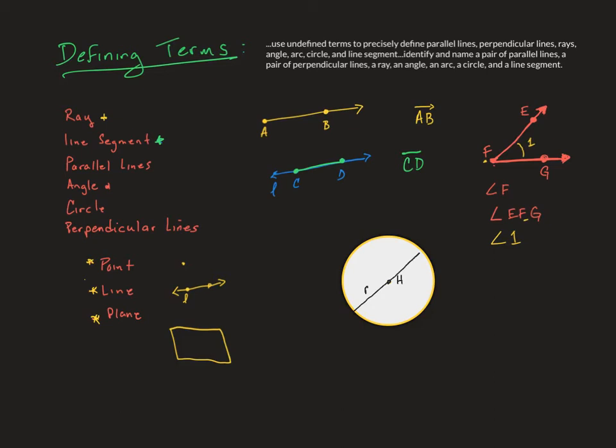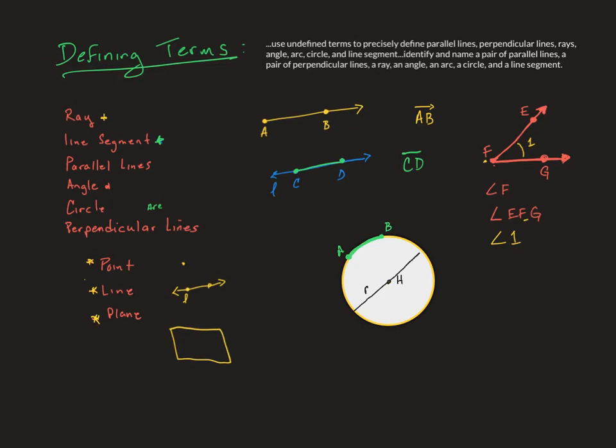And let's see, what else can we talk about? I don't have it listed down here, but maybe we want to identify our arc length, or just an arc. So a segment along here, say that is point A, point B, that would be considered arc AB.